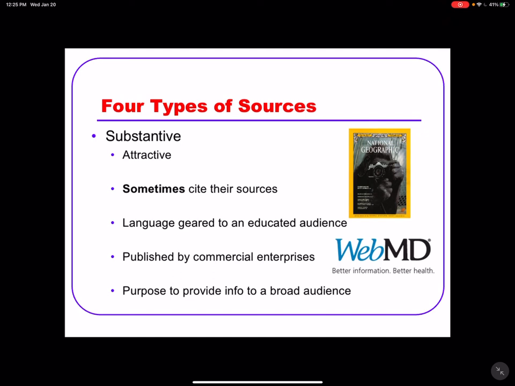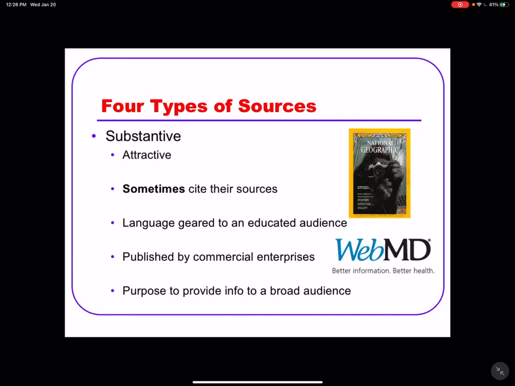Their language is geared to an educated audience, but they're still published by commercial enterprises. So they want to make a profit. So they, in some sense, want to give the people what they want to hear. And their purpose is to provide information to a broad audience. So these are okay. I would never cite one in one of my papers, but sometimes they can be helpful.